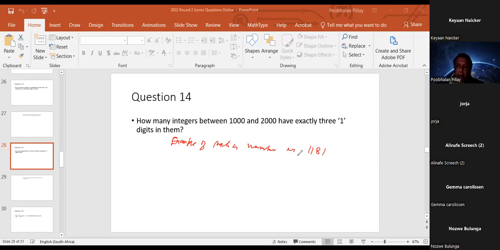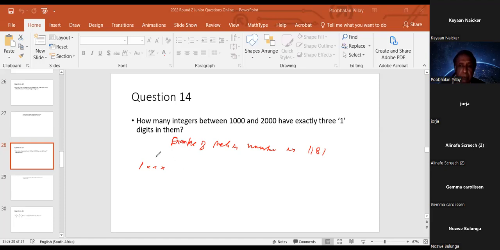All right, so you need to find how many of them have got exactly three 1s. Now all these numbers look like this. They start with 1, and then you have 3 other digits. They must start with 1 because they are between 1000 and 2000.